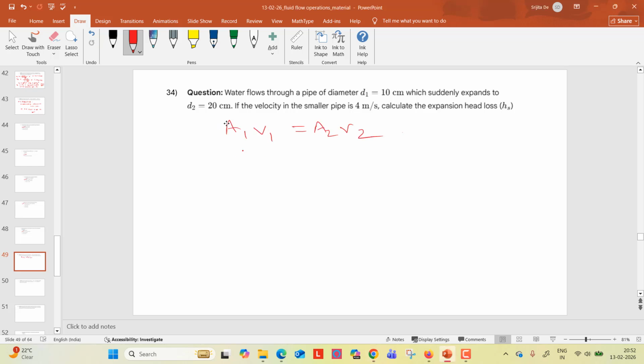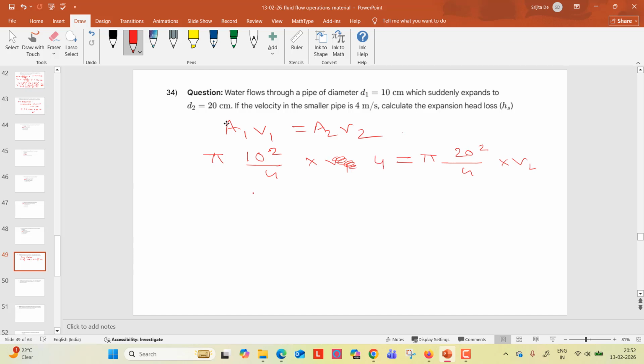So pi into 10 square by 4 into V1 equals pi into 20 square by 4 into V2. V1 is given as 4.